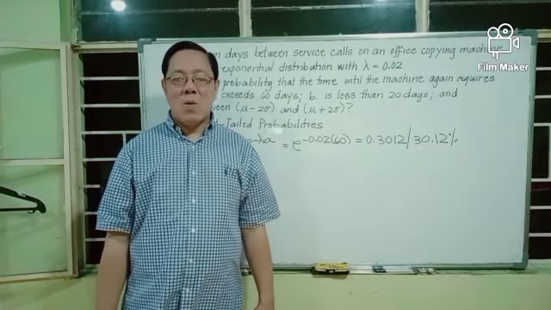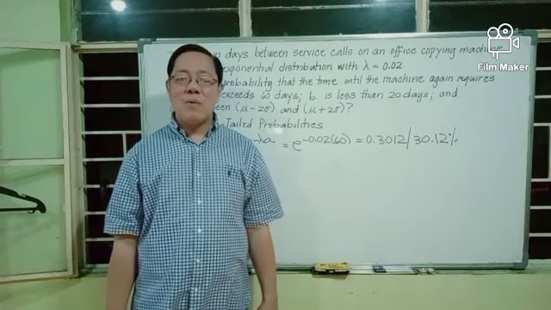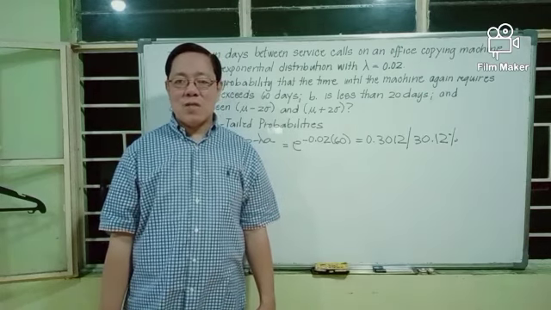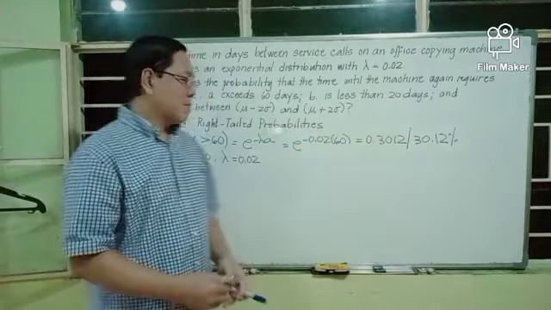Now we find the probability in letter B: the probability that the time before the copying machine requires another service call is less than 20 days.